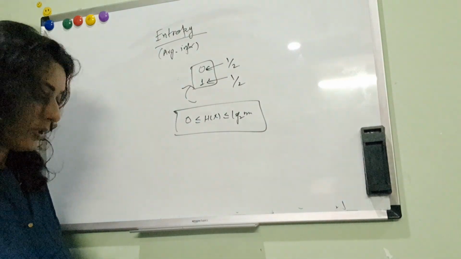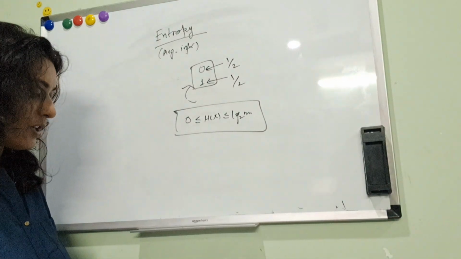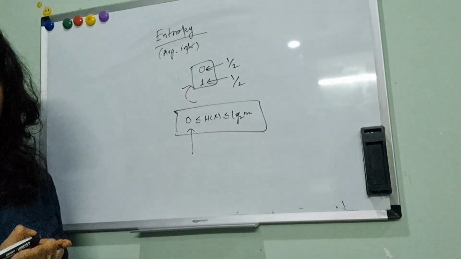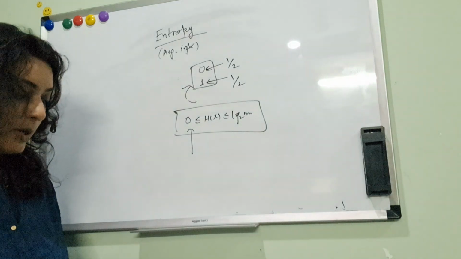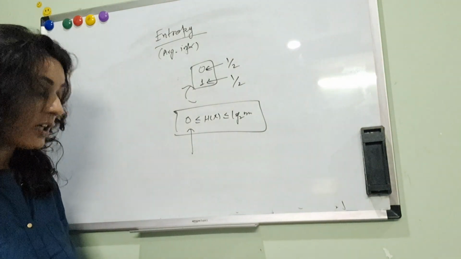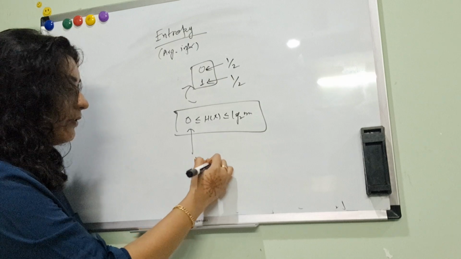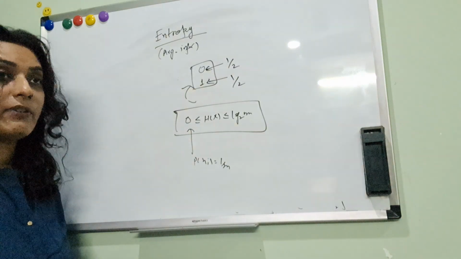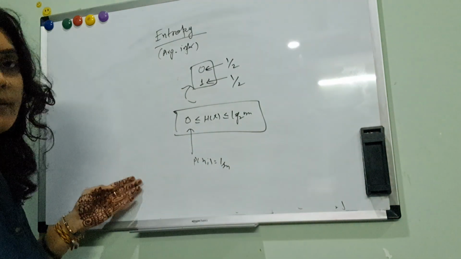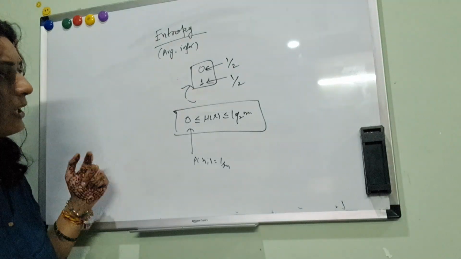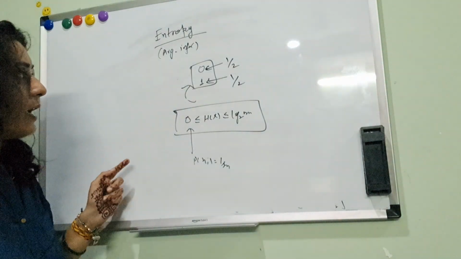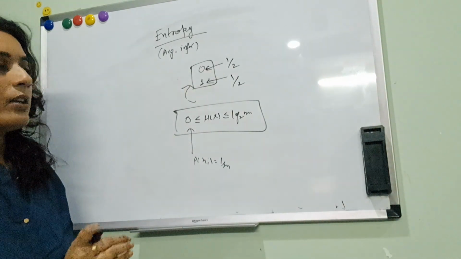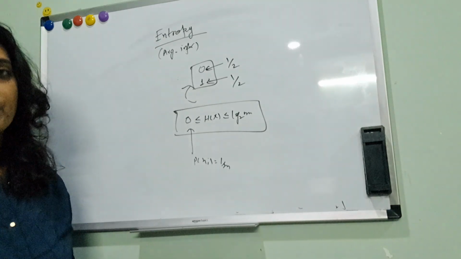The lower bound corresponds to no uncertainty, which occurs when a symbol has probability 1. And the upper bound corresponds to maximum uncertainty, which occurs when pxi equals 1 by m for all i, when all symbols are equally likely to be transmitted. So I am going to end this topic here. We will again see this topic in the next class, and if any sort of confusion or queries come to your mind, please let me know.